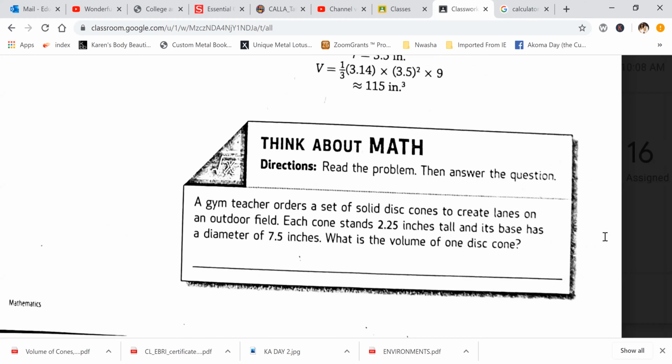What is the volume of one disc cone? So they're using that 7.5 as the diameter, and you know you need radius. So you have to cut the 7.5 in half.